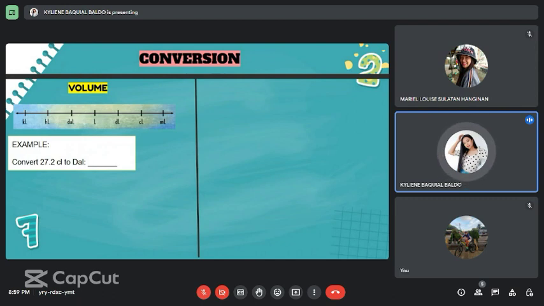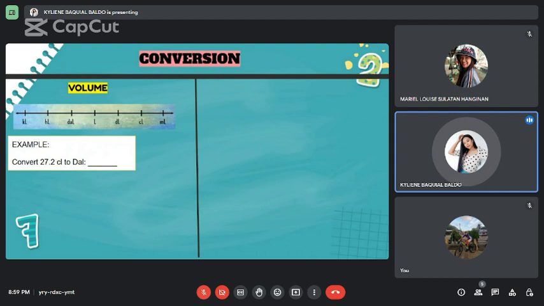Again, we have to locate centiliter and decaliter on the metric system of volume. Centiliter is on the right side and decaliter is on the left side. So we have to count the steps to the left going to decaliter from centiliter.